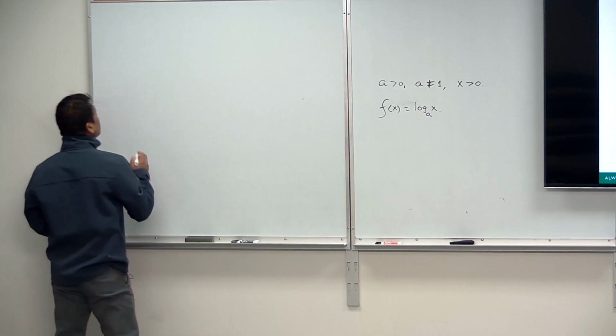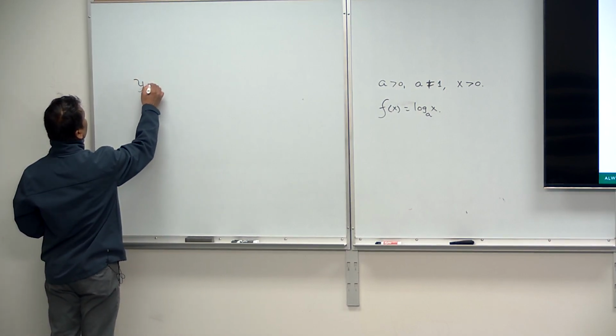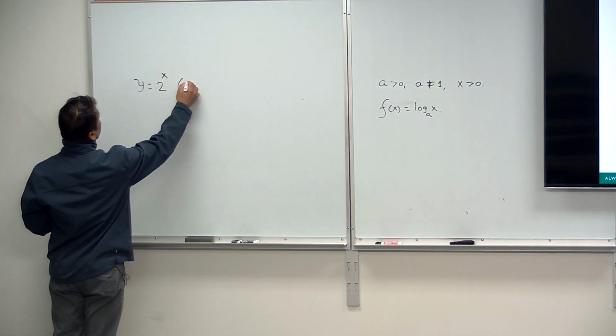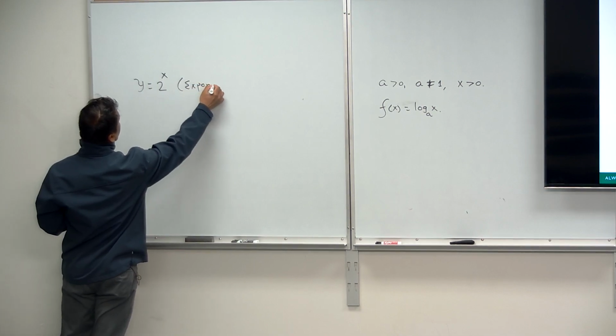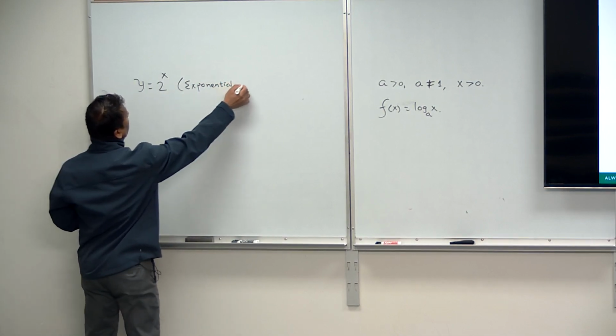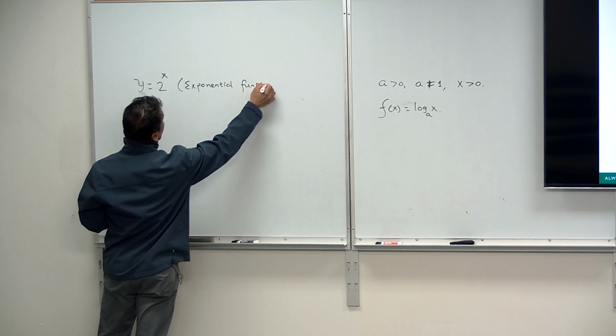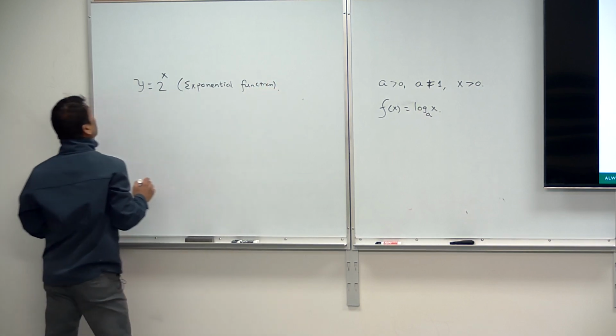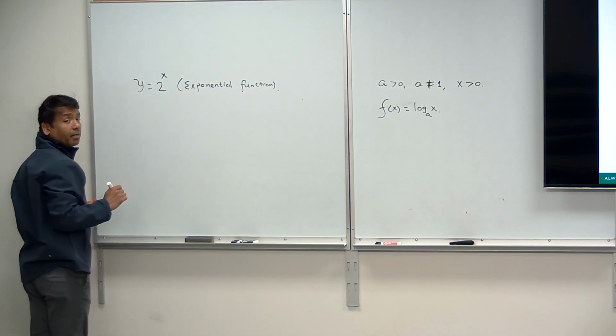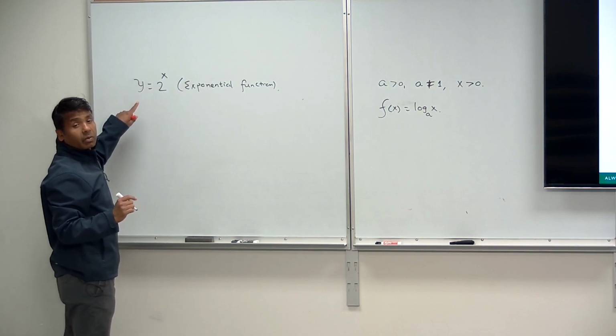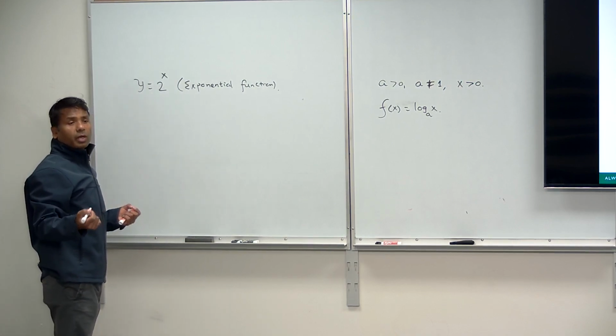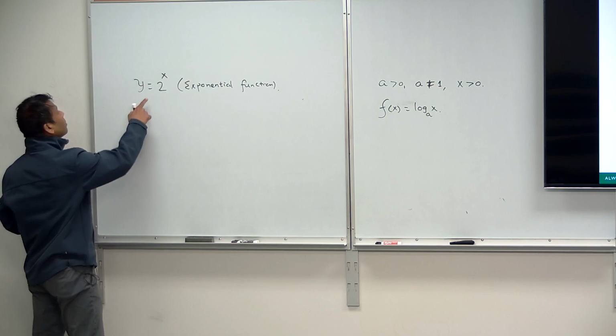Remember, if your exponential function is y equal to 2 to the power x, the logarithmic function is the inverse of it. So you just find the inverse of this.